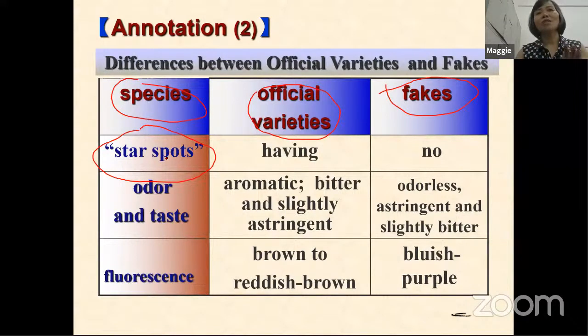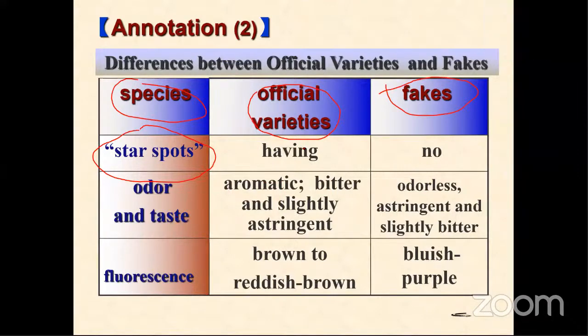Remember, not in the root, in the rhizome. Official varieties have star spots in the pith, but fakes have no star spots. This is your first difference. And odor and taste: official varieties smell aromatic.